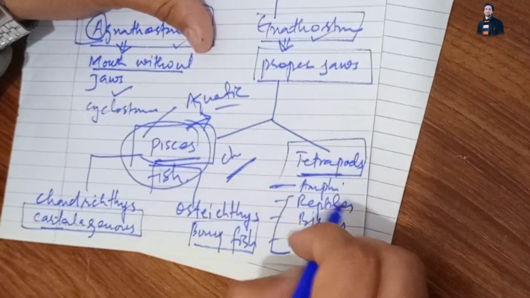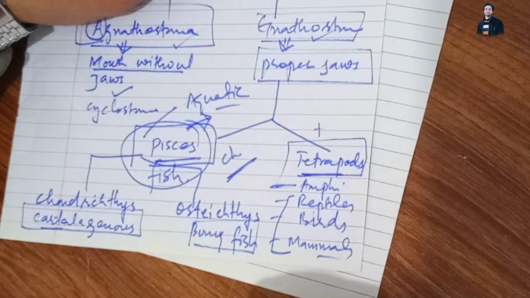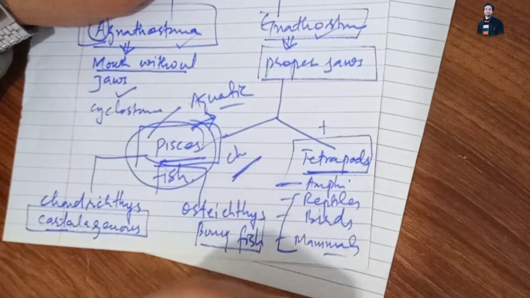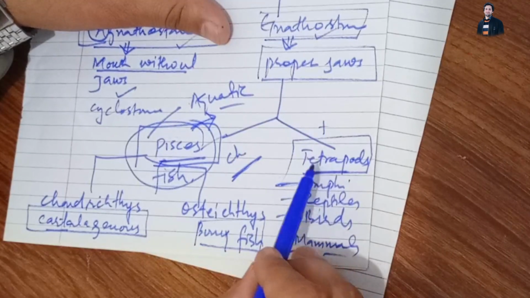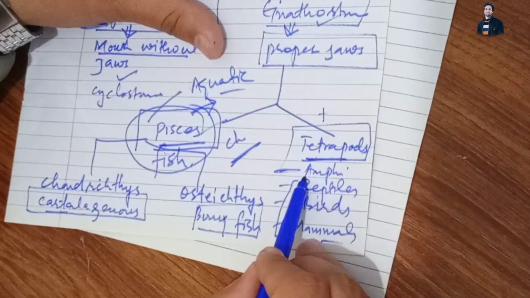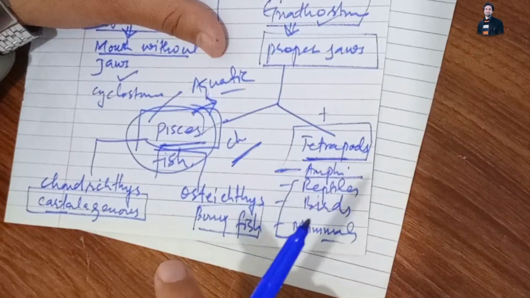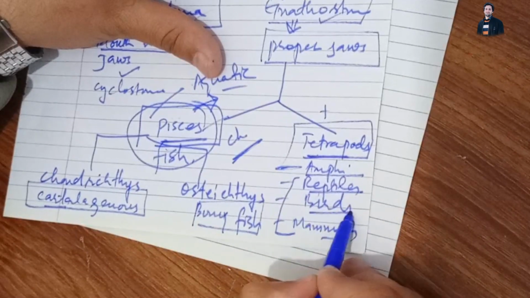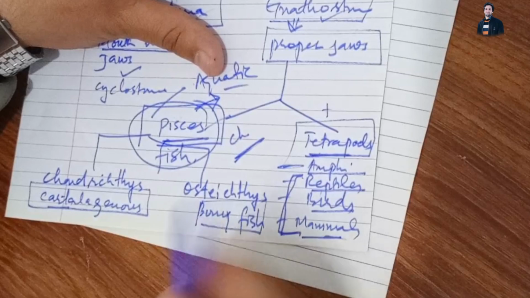Tetrapods are mostly terrestrial and use their four limbs for locomotion, unlike Pisces, which are aquatic and use their fins for locomotion. Tetrapods include amphibians, which live in both terrestrial and aquatic environments, reptiles, birds, and mammals. The last three are also called amniotes.